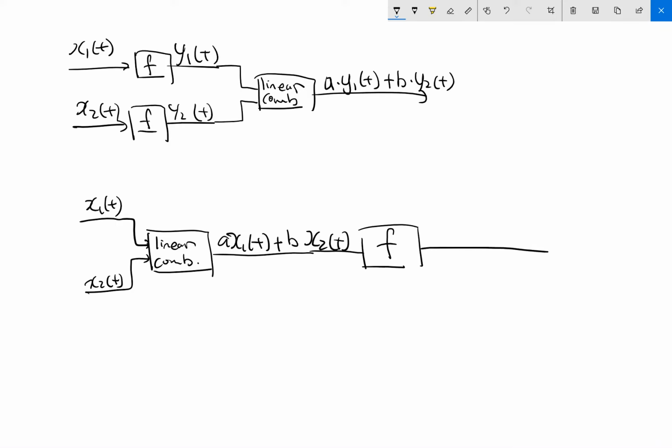Then we are going to have f[a x1(t) + b x2(t)]. So if these two outputs are the same, then we can conclude the system is linear.